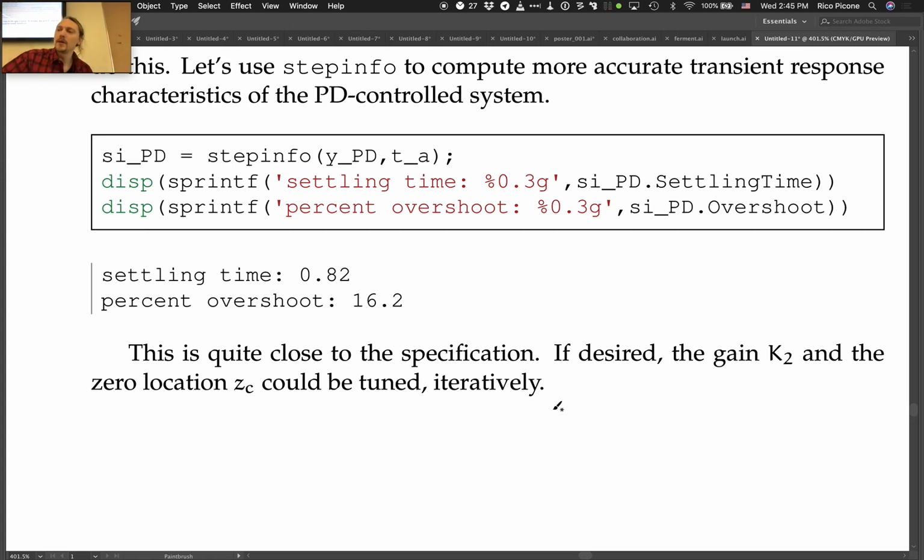With PID control, people have written a lot of auto-tuning algorithms that will come up with a PID controller that will give you pretty good performance just by iteratively changing it and seeing what happens. So you can do this in simulation, and you can also do this in the real-world environment, where you can just tweak your controller gains until you get the performance that you want.